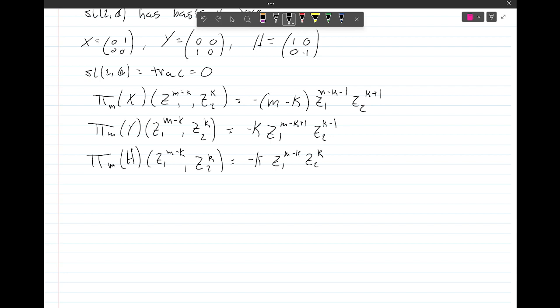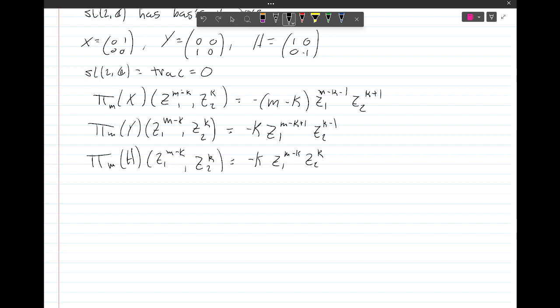And so basically what this is saying is x moves z2 up, y moves z1 up, and h, every representation of h is going to have the basis vectors as an eigenvalue.